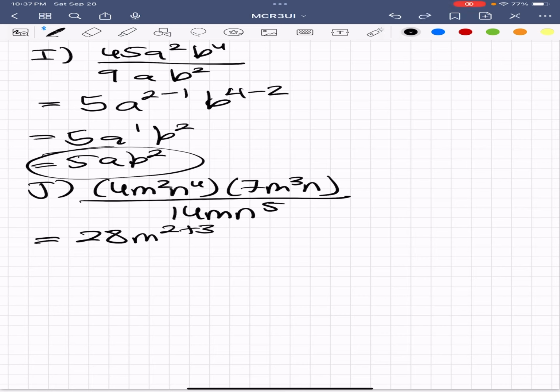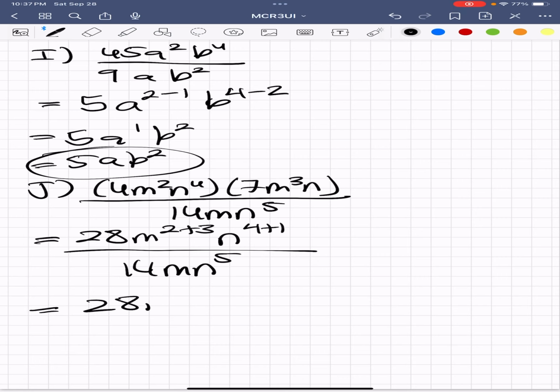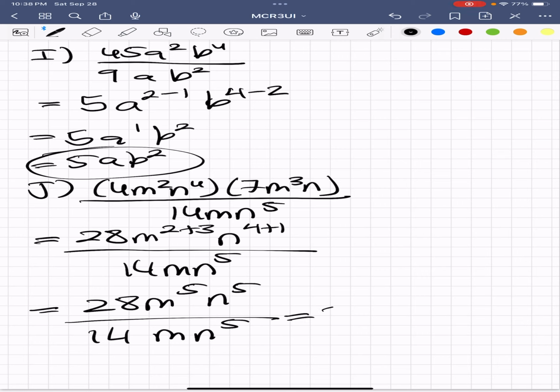And then we have a common base of n. So it's going to be 4 plus 1 over 14m n to the power of 5. So we have 28m to the power of 5 n to the power of 5 over 14m n to the power of 5. So 28 divided by 14 equals 2.